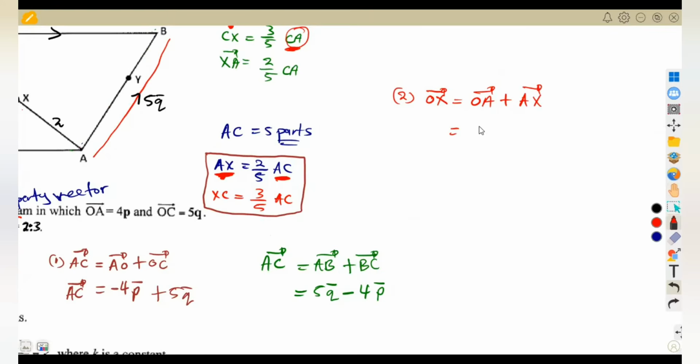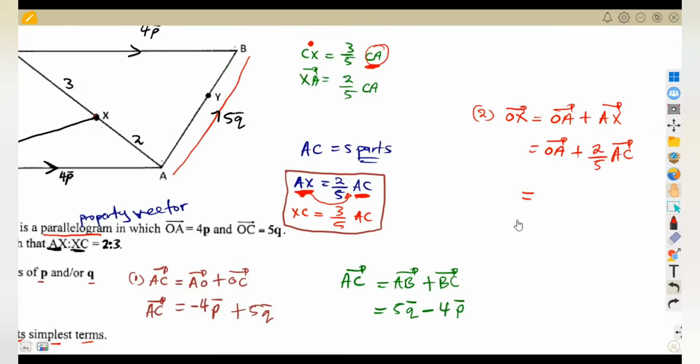But before you substitute, you can replace first AX, because we said AX is equal to this. So we can replace that first before we substitute. So that will be plus 2/5 of AC. All right, meaning to say now we can substitute our values, because we calculated everything. We calculated AC before, and OA is there on our diagram.